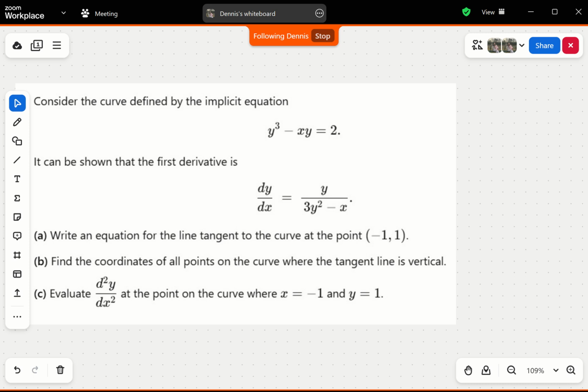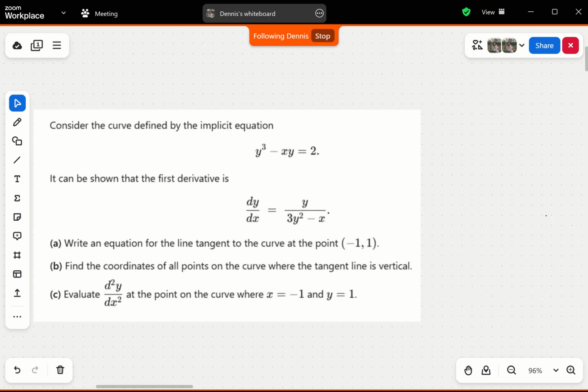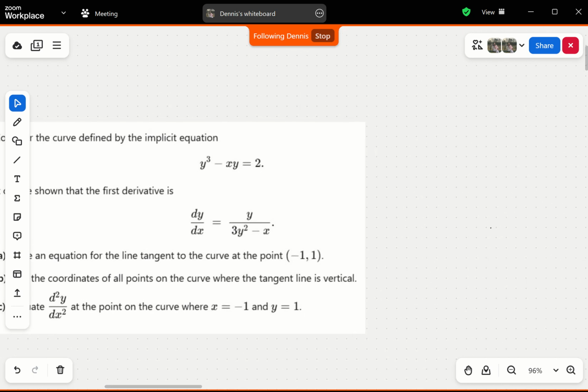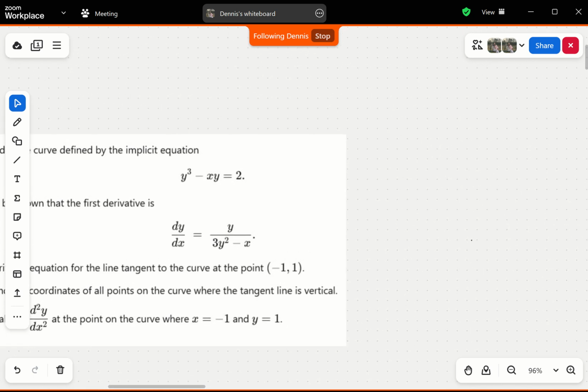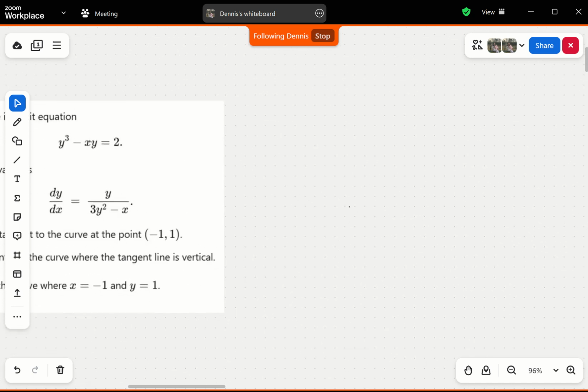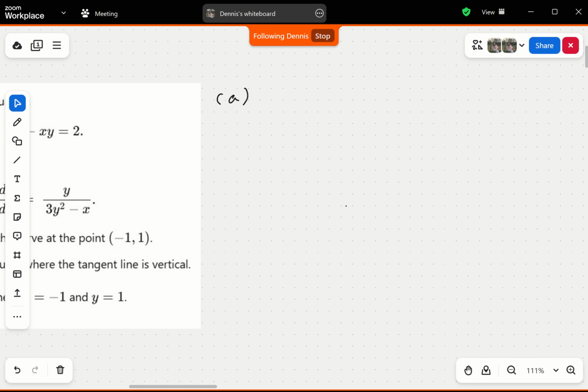So it's asking for the equation of the tangent line. Actually, question A is asking you for the slope at the point of tangency.